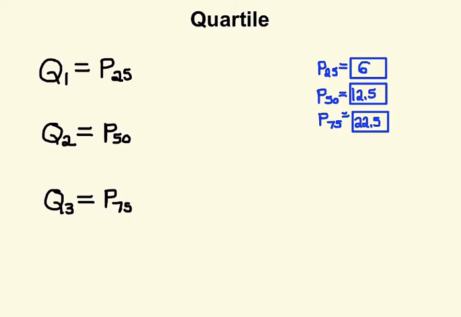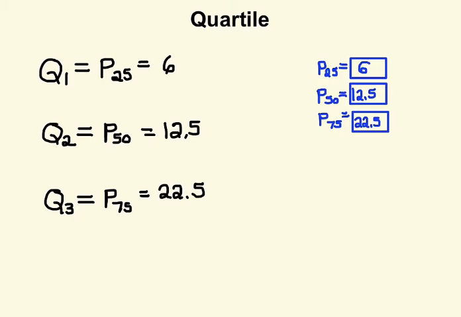For the particular data set that we're looking at, our first quartile is 6. Our second quartile, we calculated to be 12.5 in the last lesson. And our third quartile, our 75th percentile, we calculated to be 22.5 in the last lesson.